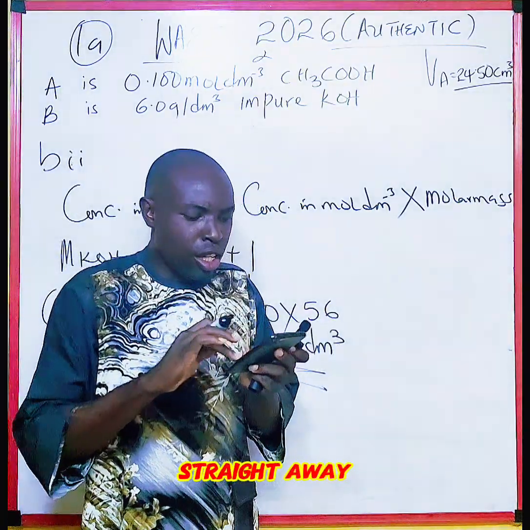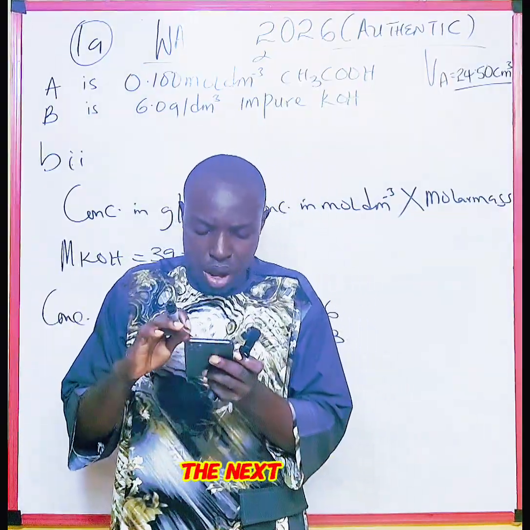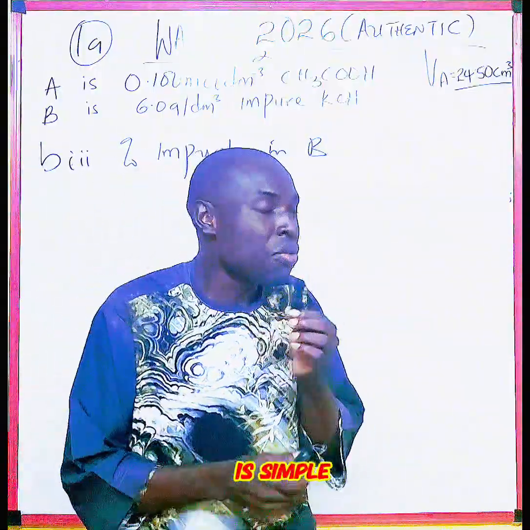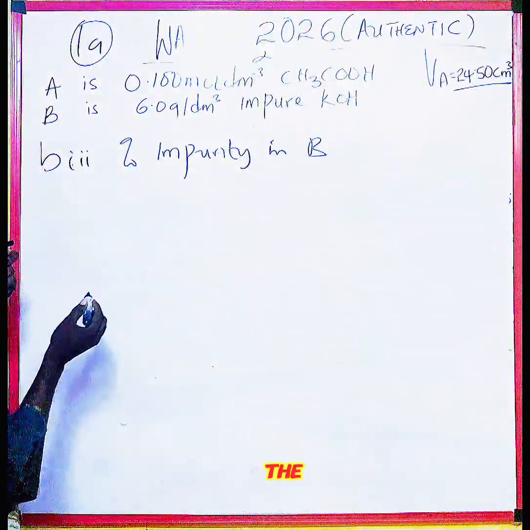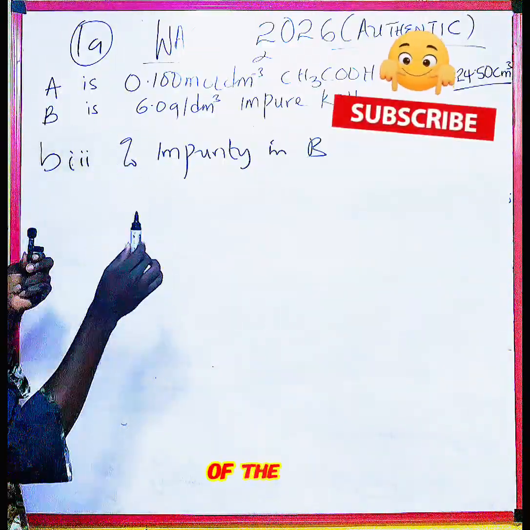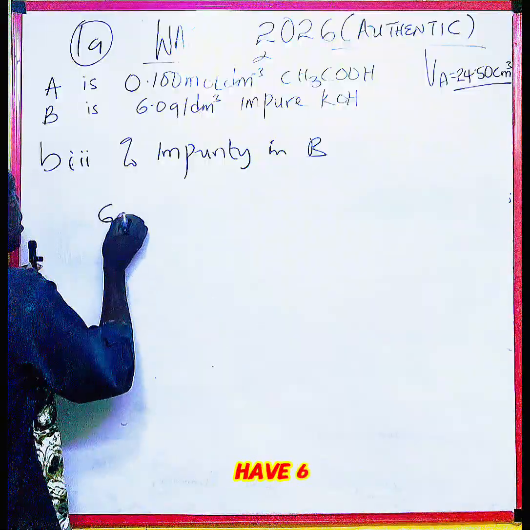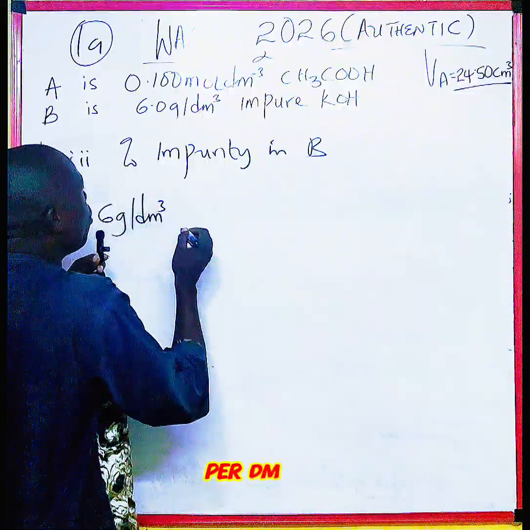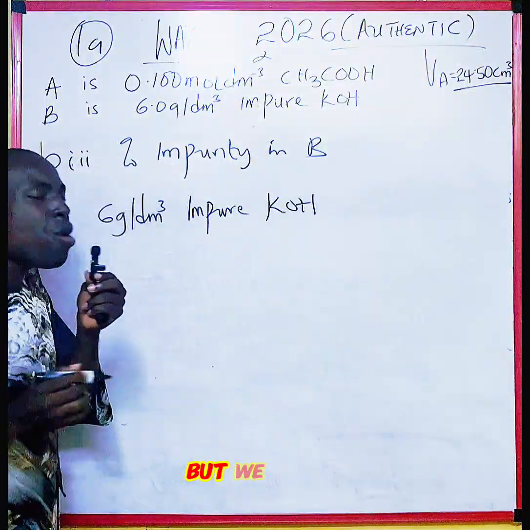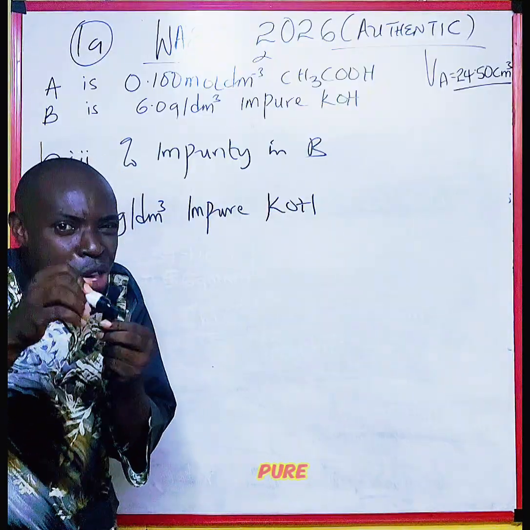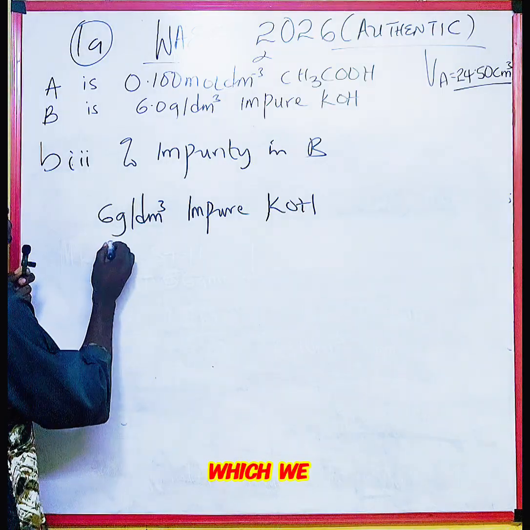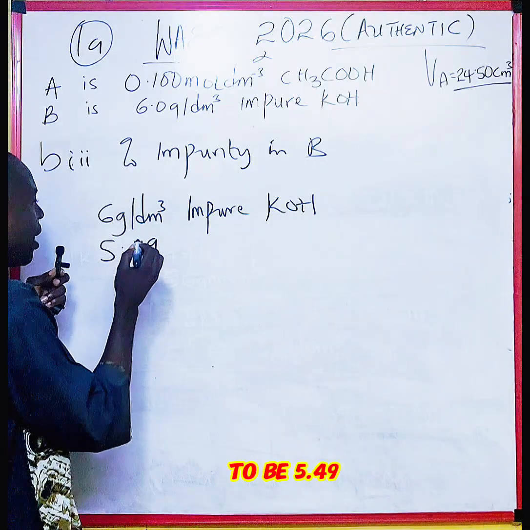So we'll move straight away to the next question. To calculate the percentage impurity in B is simple. Remember that you were given 6 gram per dm cube of the impure potassium hydroxide, but we actually got the pure mass of the potassium hydroxide to be 5.49.